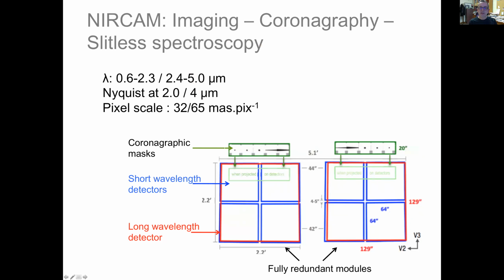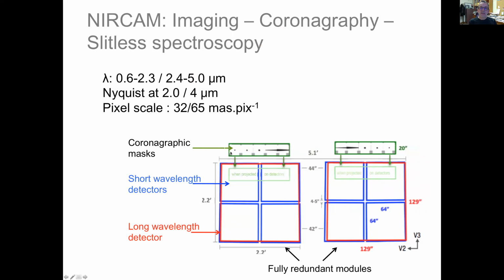It's basically because the telescope is Nyquist sampled at 2 micron with 32 milliarcseconds, whereas at 4 microns you can double that. So essentially, when you take an image with NIRCam, you're getting all these 8 images on both channels, and also the detector is simultaneously at a different wavelength. So this is a very powerful capability.